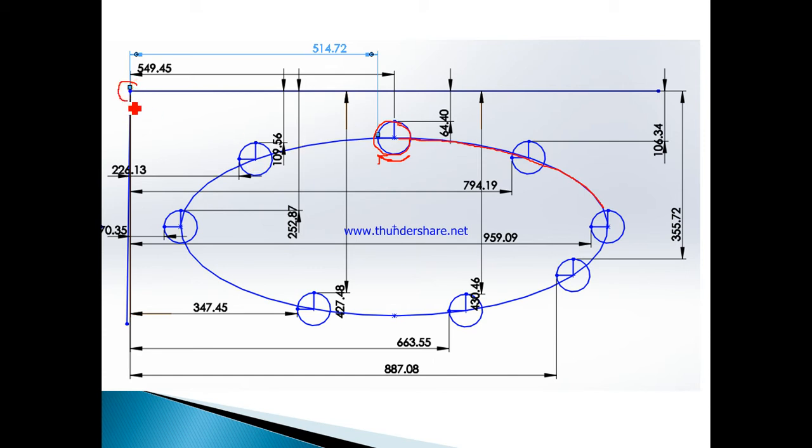Now arbitrarily I am considering 1.00 here, and along this line I am putting an array of proximity probes, and along this perpendicular line also I am putting an array of proximity probes.